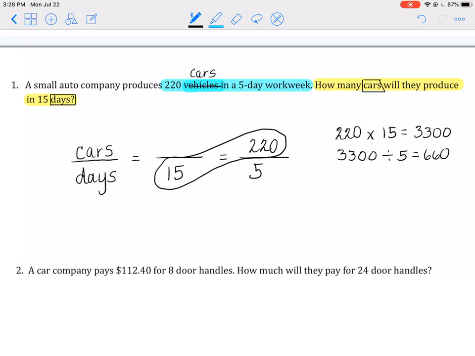So my answer is going to be 660 cars in 15 days. So your answer is 660.